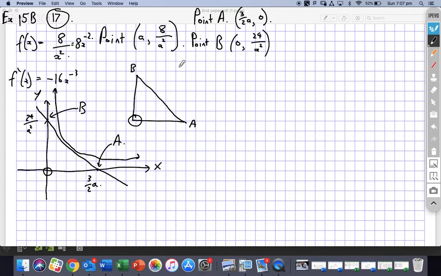The area of a triangle is half times the base length times the height.